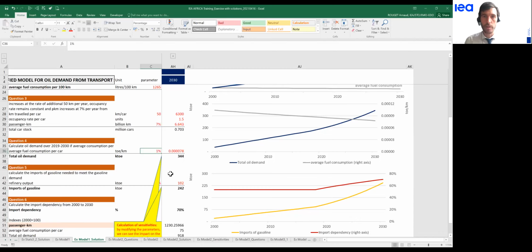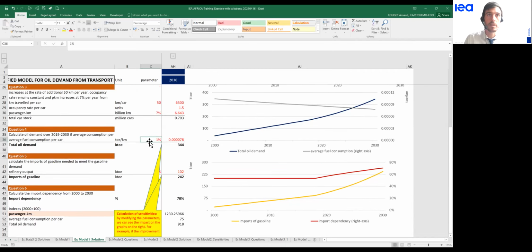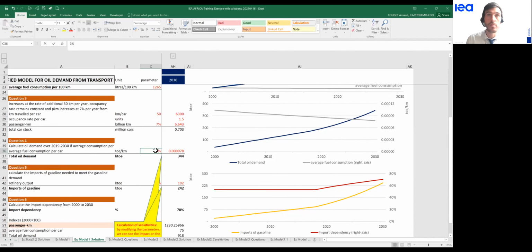Or every car which is more than 20 years old is no longer given any permits to be used on the roads. So there are several measures that can improve the overall efficiency of the fleet. And let's imagine that with very bold policies, improvements of the average fleet are not at 1% per year, but go at 3% per year.